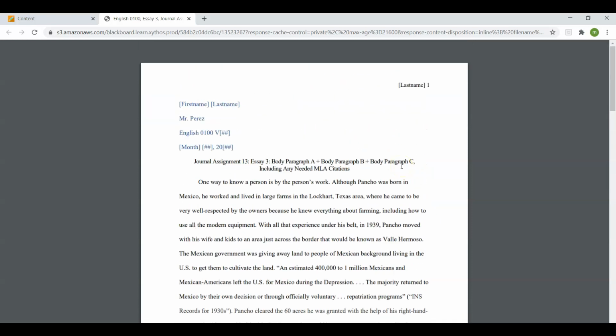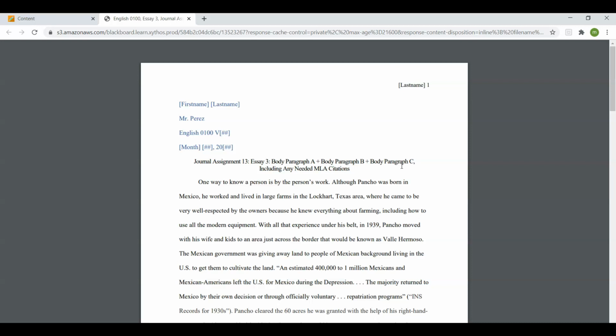Notice that there isn't an introduction or a conclusion, because I'm not asking you to turn in the introduction as a journal or the conclusion as a journal. Your essay 3 will have a head and a tail, I guess, right?